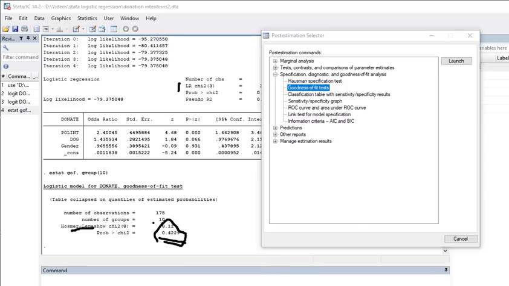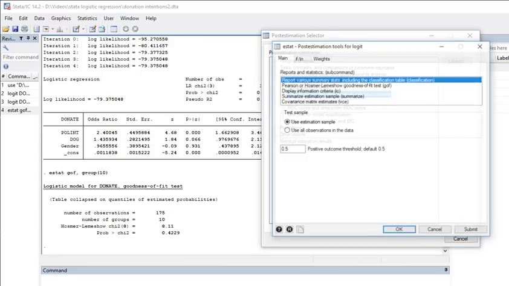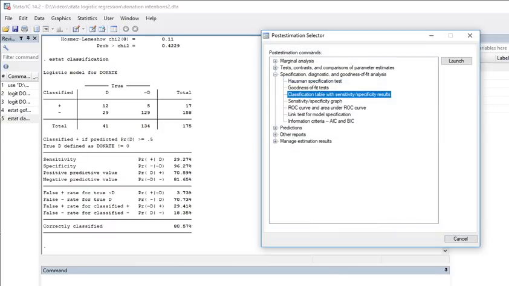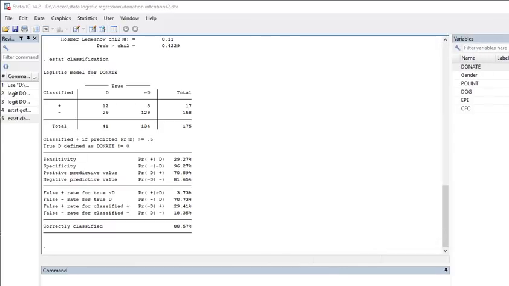Another bit of information that you might ask for is the classification table and sensitivity tests and so forth. But I'm going to click on that, and what you'll see right here is a little table that's giving you classification results. So based on what we're doing in our model, we're generating predicted probabilities for group membership.